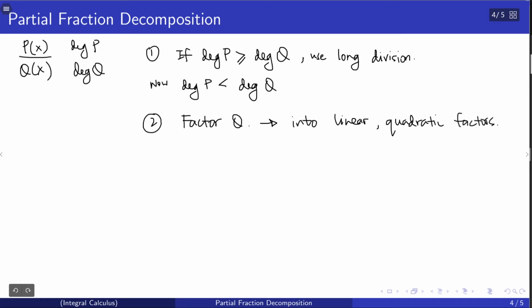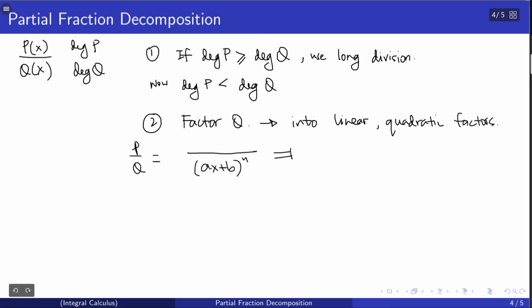And after you factor q, depending on the factors that you have, if you have a linear factor in the denominator, say ax + b, and suppose you had n copies of that in the denominator, what does that tell us about our partial fraction decomposition?